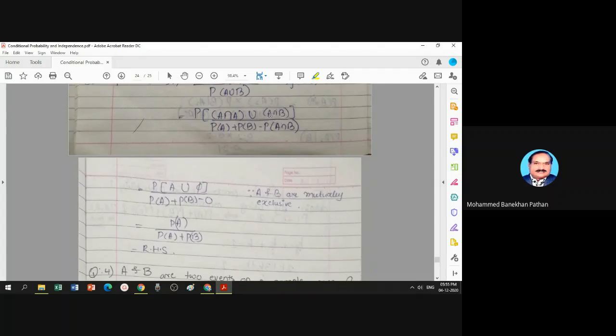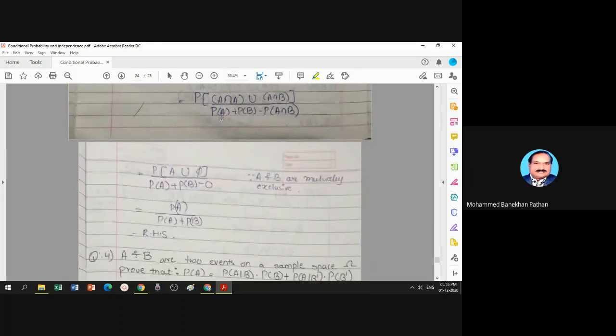So when I say A and B are mutually exclusive, you have to use the empty set symbol, that is phi, not 0. What is the denominator? PA plus PB minus 0. Here I write 0. Why? Because probability of phi is 0.